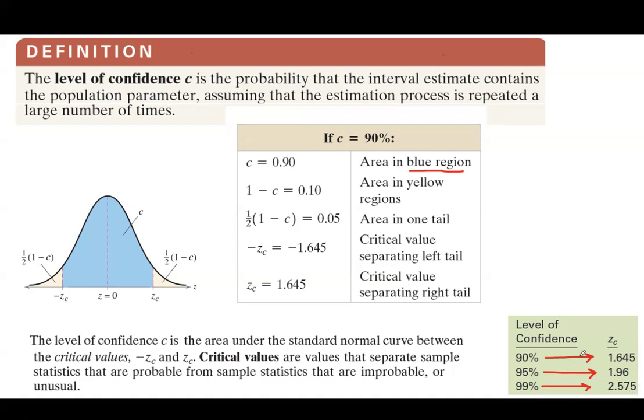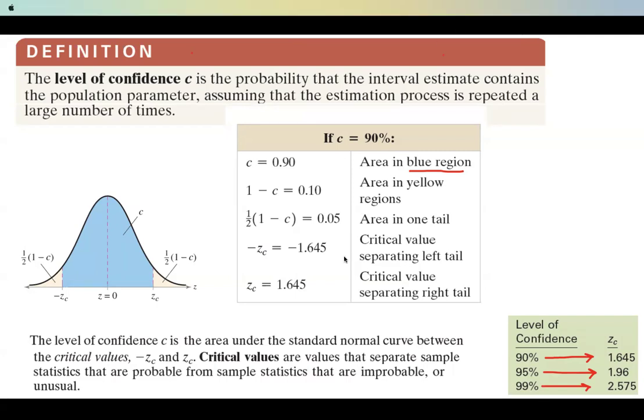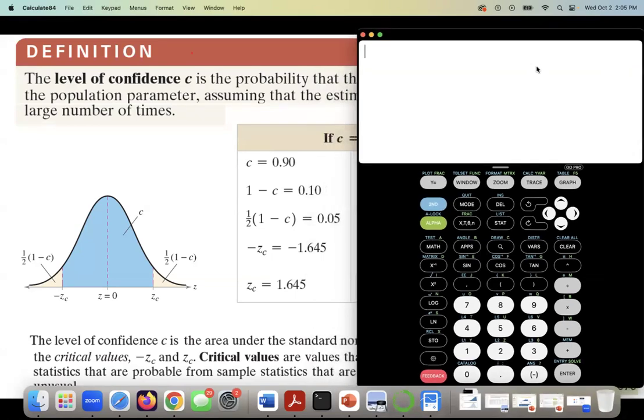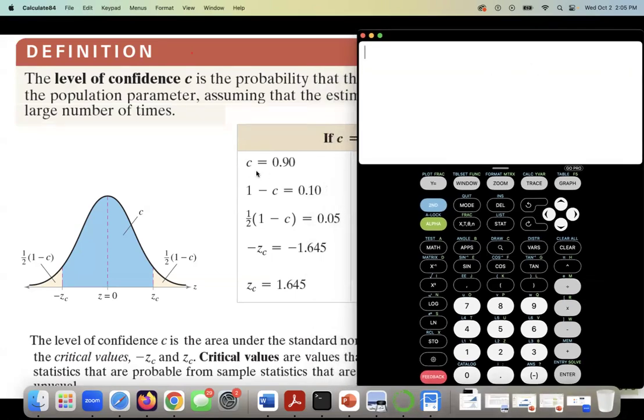Let me show you how to use a calculator to calculate the critical value in other scenarios. So let me pull up my TI-84 and show you how to use it and construct everything from scratch. In your calculator, here you have level of confidence, which is given as 90%.